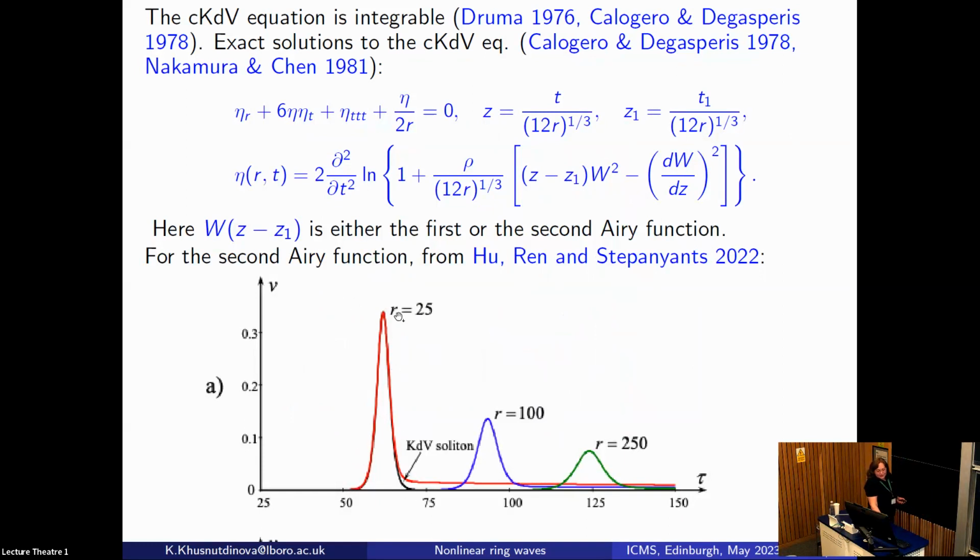Okay, it's a funny solution, but the pulse agrees very well with the KDV soliton and the subsequent evolution in the CKDV equation, but there is this strange shelf to the right of the pulse, okay, which gets smaller. So, okay, this must be understood better, but the leading part of the pulse at least agrees very well, okay?